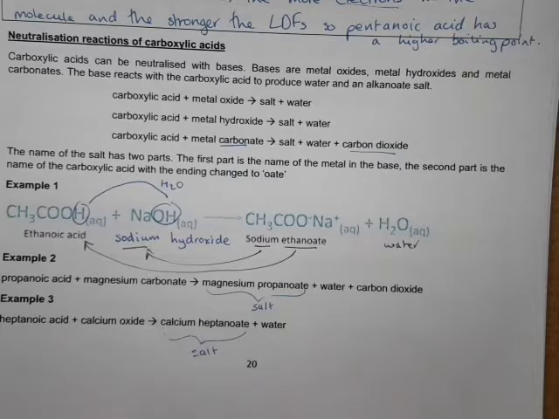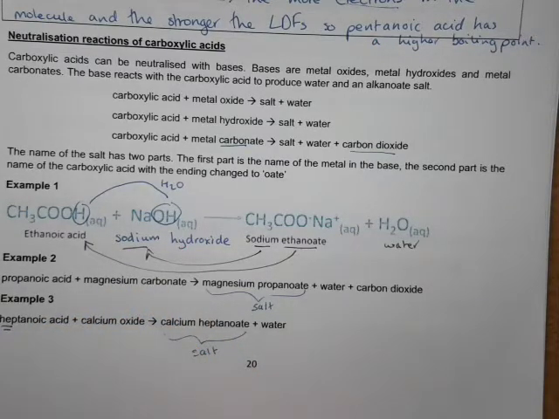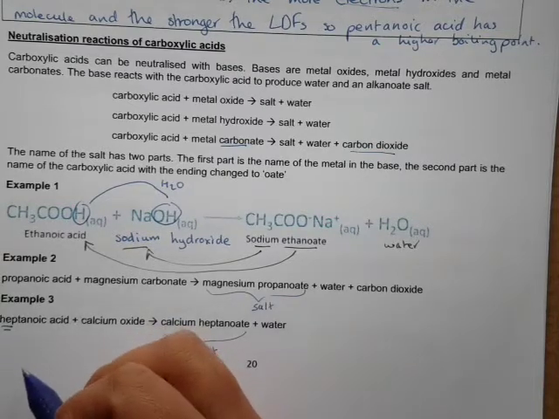I'm just going to add into the notes something just to maybe illustrate this reaction a little bit more clearly using a version of the molecular formula for heptanoic acid. So hept, how many carbon atoms is it going to have? Well, hept means 7, it's going to have 7 carbon atoms altogether.